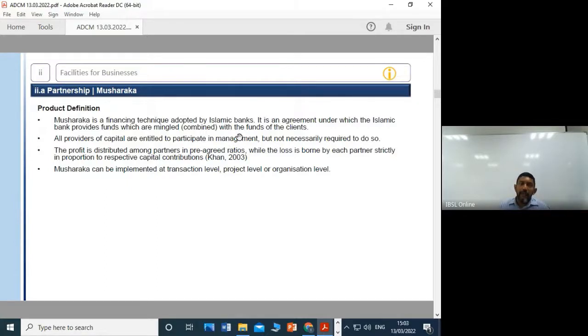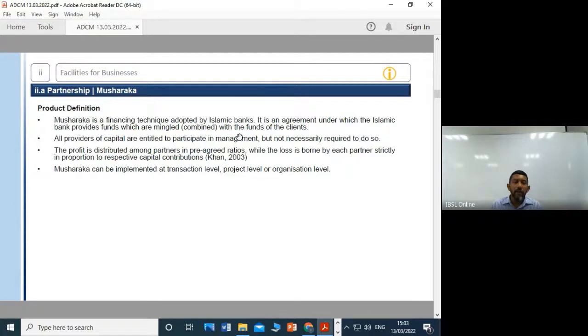The bank and the customer identify the area for which funding is required and decide to invest in it on the basis of the principles of partnership. So capital for that partnership is contributed by both parties, the customer and the bank.